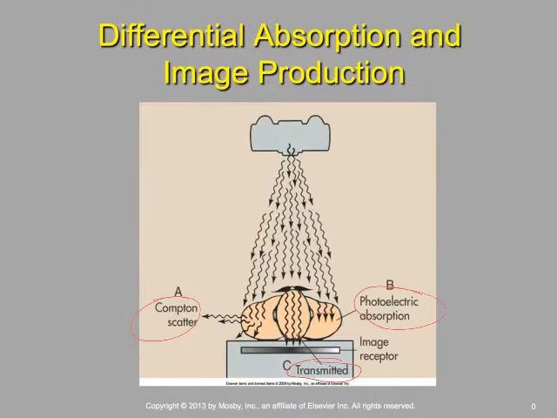And the interesting thing, because photoelectric effect is tied to Z number, differential absorption will increase as KVP is reduced, because it's exploiting more of the photoelectric effect. We said at the lower energies, photoelectric effect predominates. There's some Compton scatter that occurs, but photoelectric effect predominates.